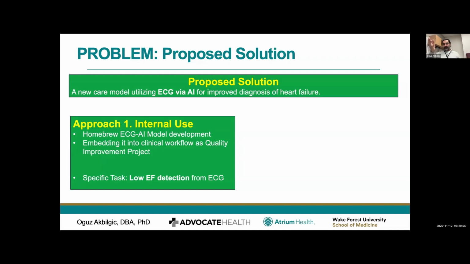For example, there's an ASCVD risk calculator from AHA. It may be embedded in the EHR, so clinicians may look at it and decide whether they want to do closer monitoring, order some labs, etc. This may be one way. And in this specific test, it is low ejection fraction from electrocardiogram.